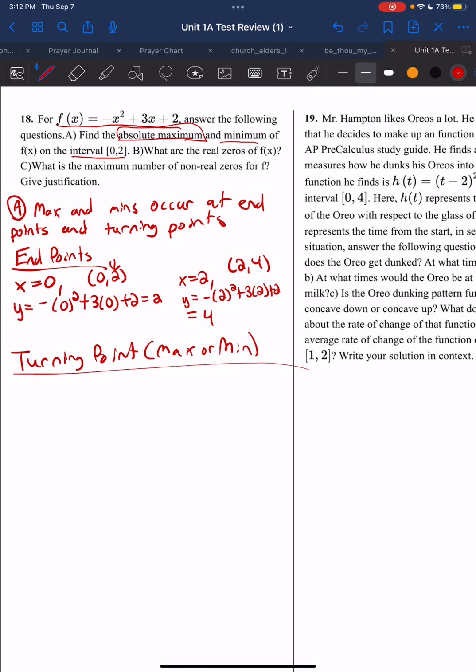In this case, it's a max. I can just write out the coordinate because your calculator will give you that. And that is right here, (1.5, 4.25).